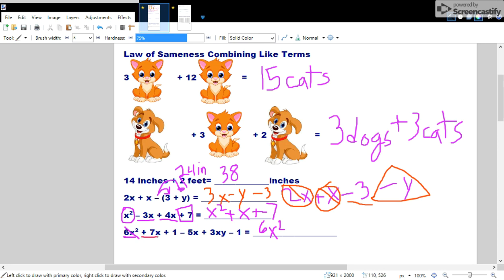Okay, plus 7x. Let's see what other x's we have. That's a constant. Oh, here's an x. Minus 5x. This one would be an x, but there's a y attached to it. We can't add dogs with cat dogs. So 7x minus 5x is a plus 2x.